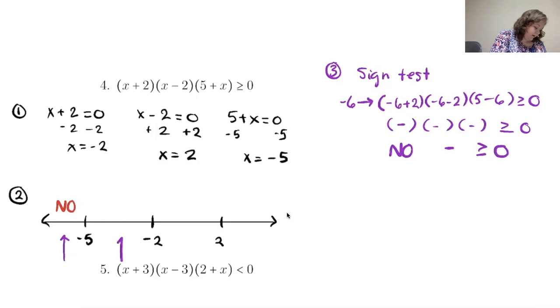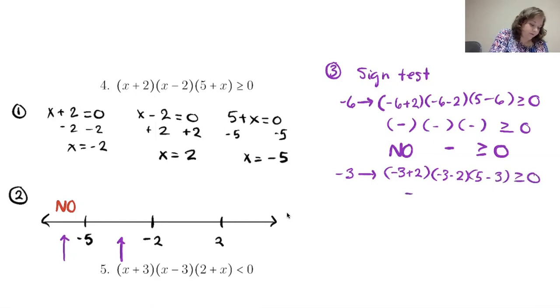Okay, we'll do the second interval, -5 to -2. So we'll pick a number between those. I'll do -3. Plug that in, -3 plus 2, -3 minus 2, 5 minus 3, greater than or equal to 0.